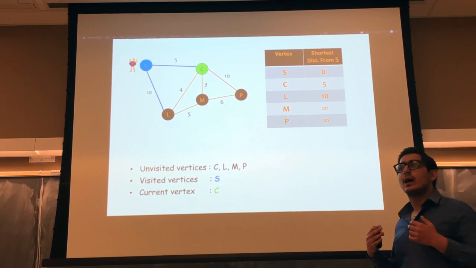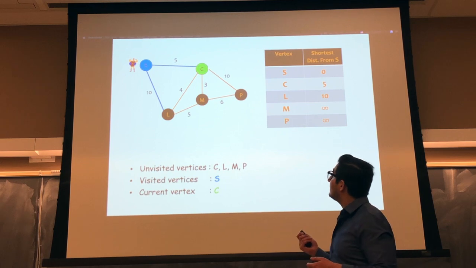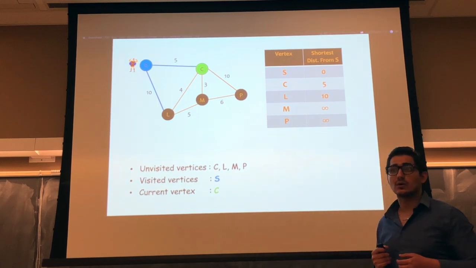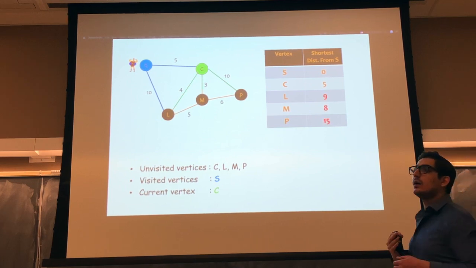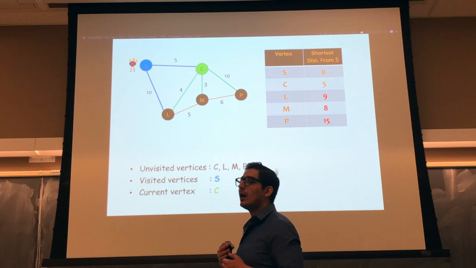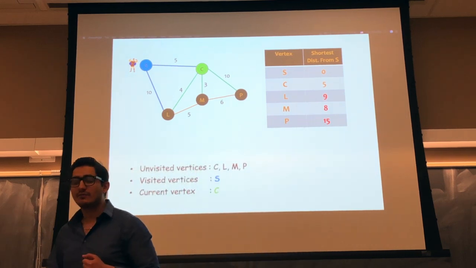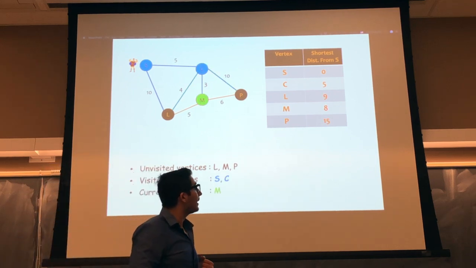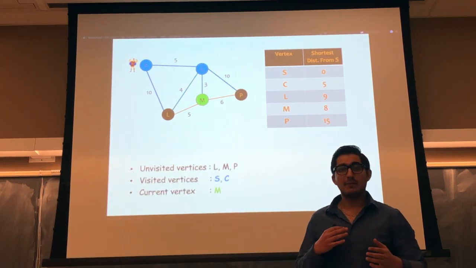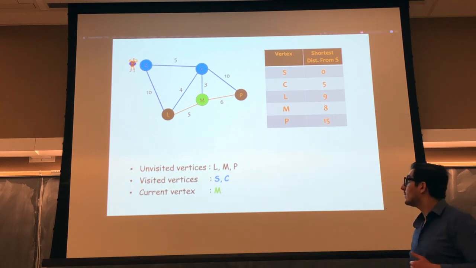So we found a shorter path with C as its immediate predecessor. We can update it. And same reasoning goes for M and P. Now we have examined all unvisited neighbors of the current vertex, so it's safe to move it from unvisited list to the visited list. And we proceed with the next iteration.